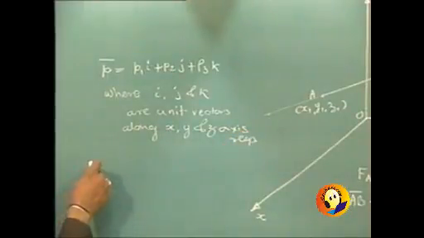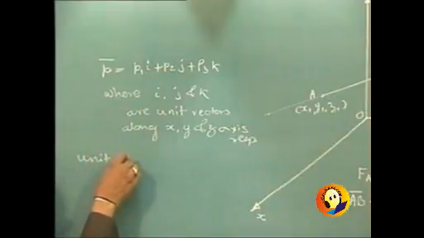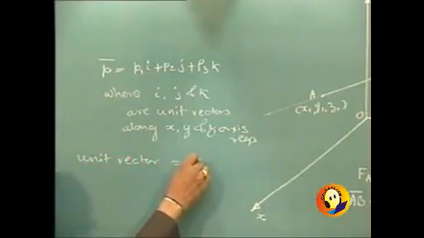Now when we say that it is a unit vector, it means the magnitude is 1.